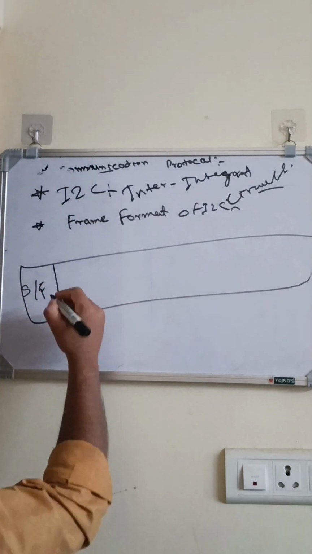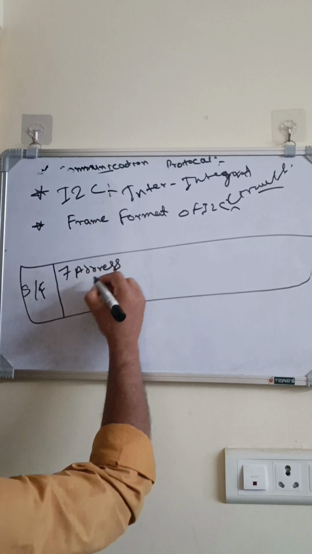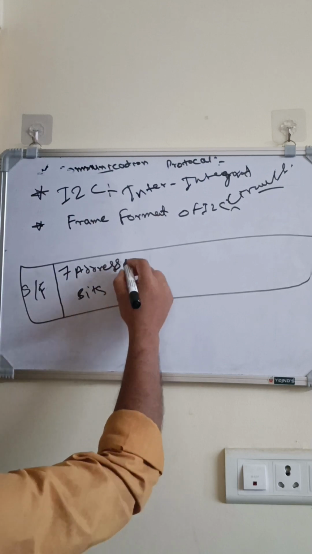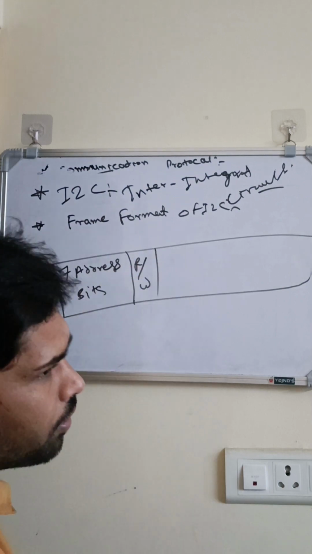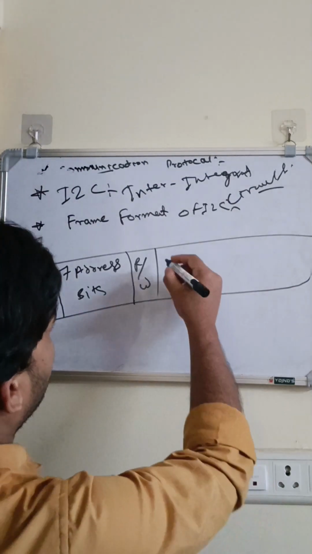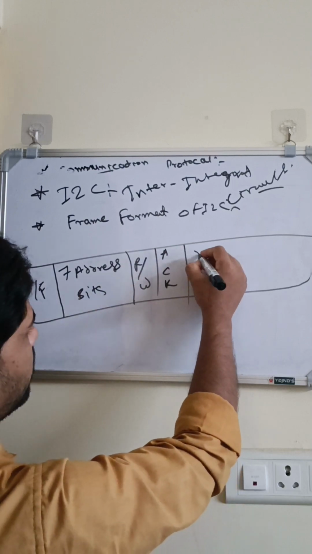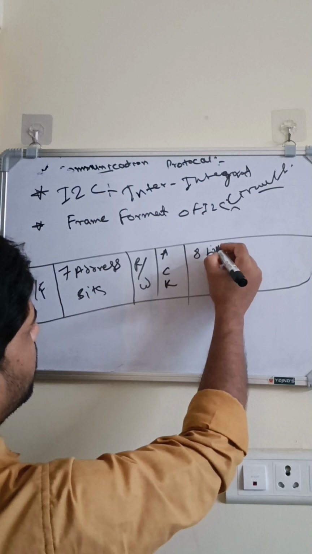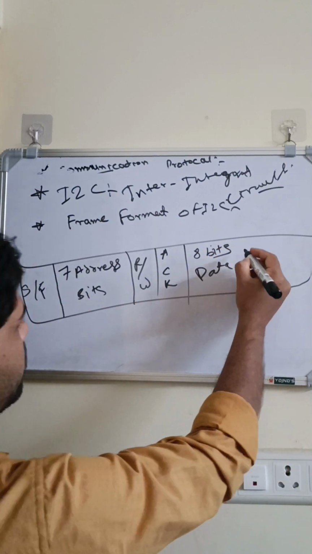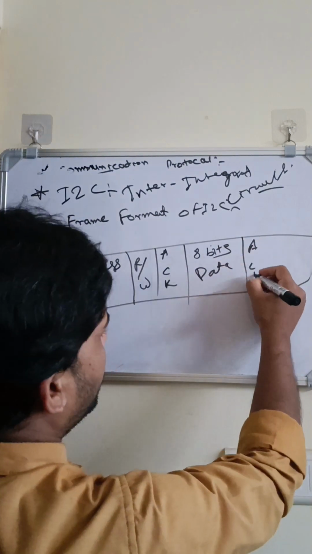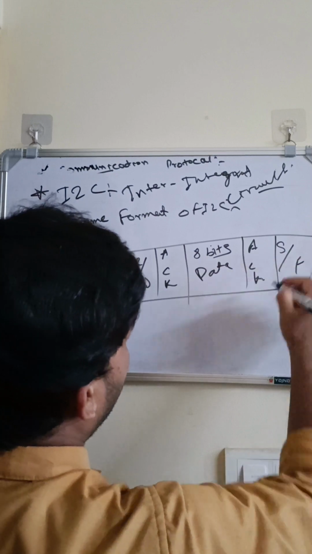Then 7 address bits it will take. Next is the read and write bit. Then acknowledgement, and again 8 bits of data. Then again acknowledgement, then the stop bit.